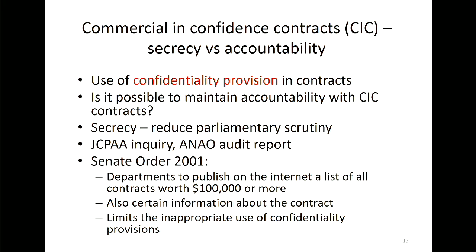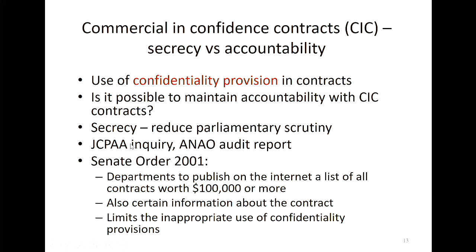They found that only a small proportion of government contracts contain genuine commercial confidentiality information. So that means most of the contracts may not be properly applied, resulting in secrecy.